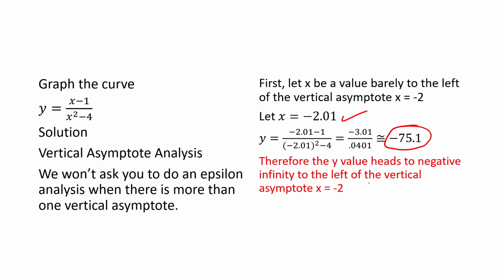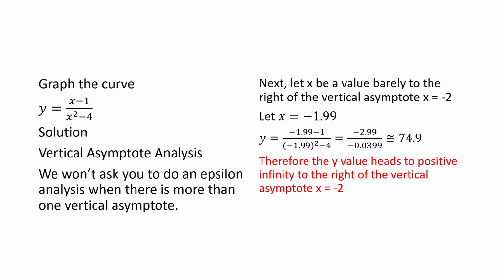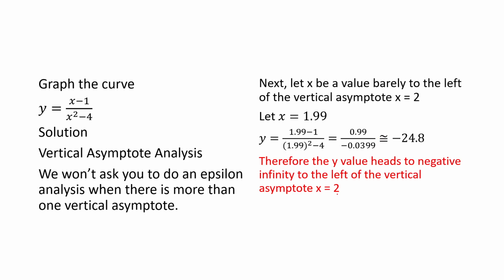So we know that slightly to the left of the vertical asymptote x equals negative 2, y is going to be heading to negative infinity. Slightly to the right of that vertical asymptote, because negative 1.99 is slightly to the right of x equals negative 2, we get a pretty significantly large positive number. That means that y is going to positive infinity slightly to the right.